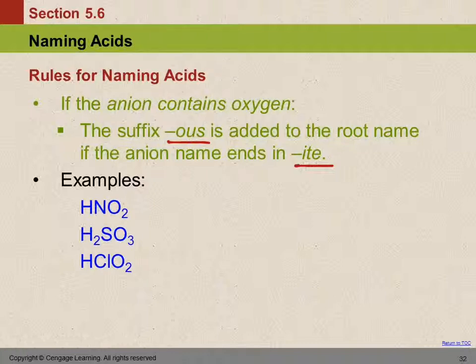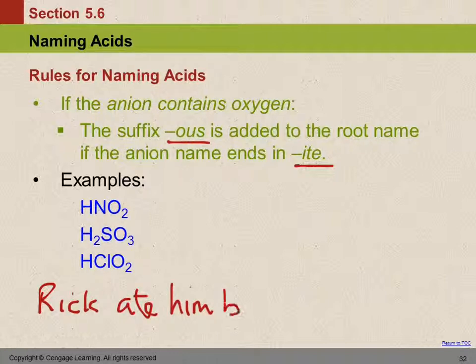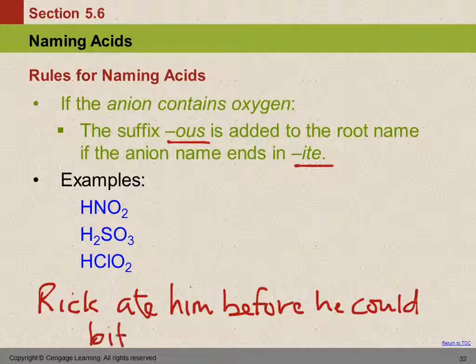How do we remember that? Well, I've got a silly sentence for that one. Rick ate him before he could bite us. Is that silly? Okay, so ic and ate go together.